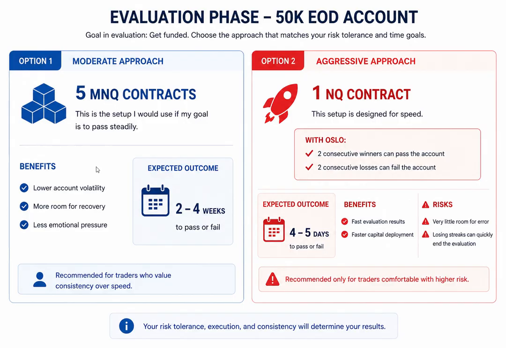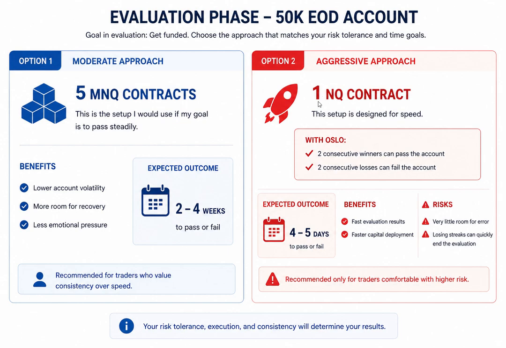This gives us a more sustainable pass rate, less frequent account blow up, and it gives us room to slowly pass an account in 2 or 3 weeks before the account expiration or monthly subscription.